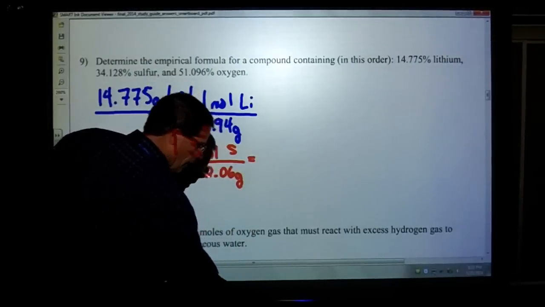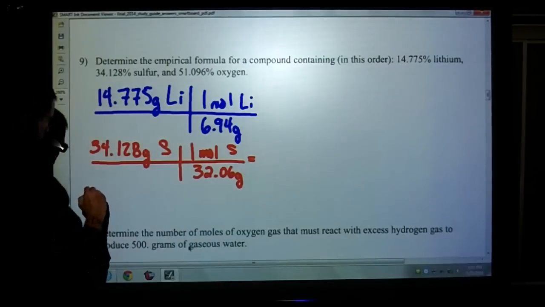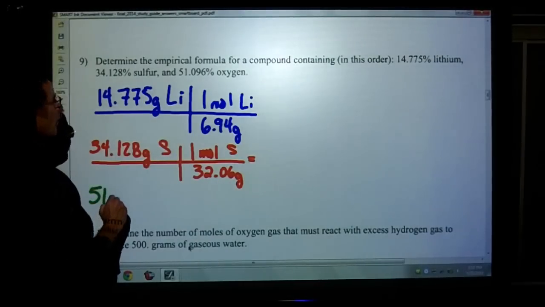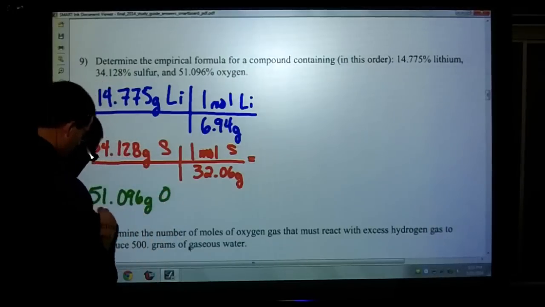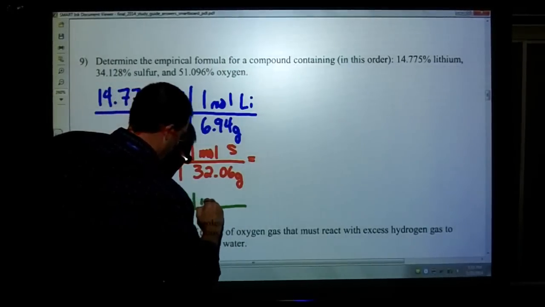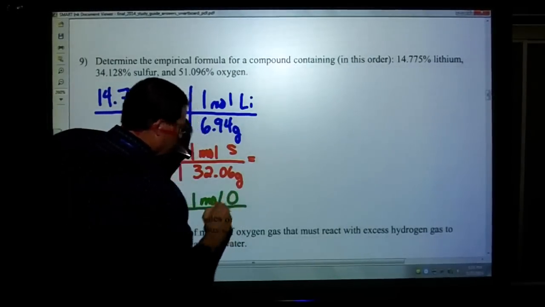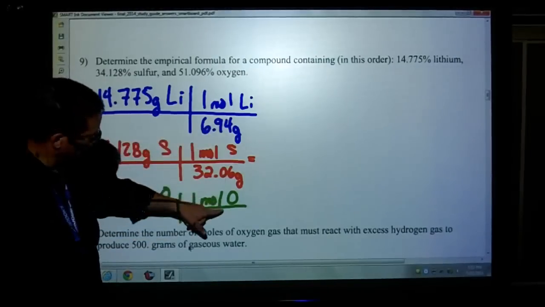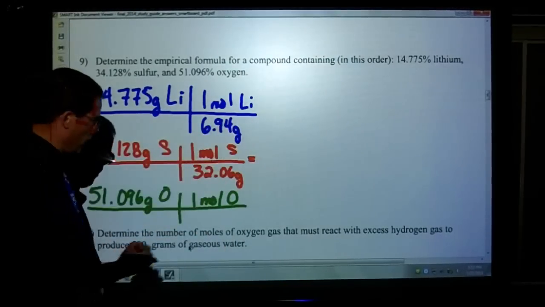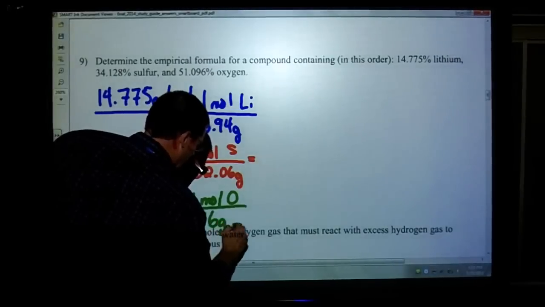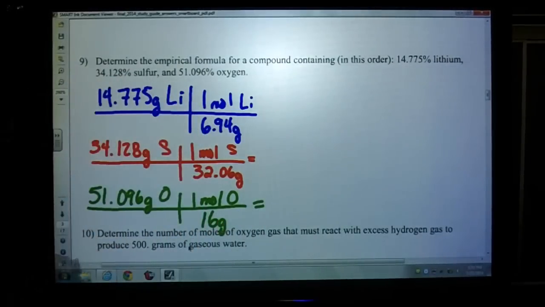We'll come back and get that. And then we have 51.096 grams of oxygen, and 1 mole of oxygen. Notice I'm not writing the subscripts here, because it's as you see it on the periodic table. It's 16.